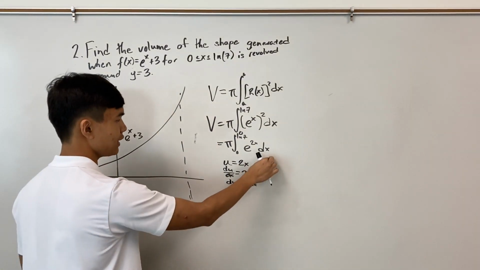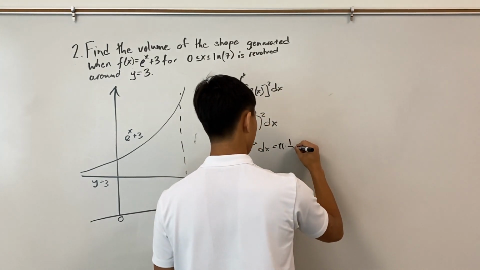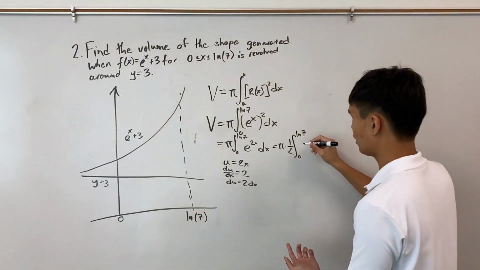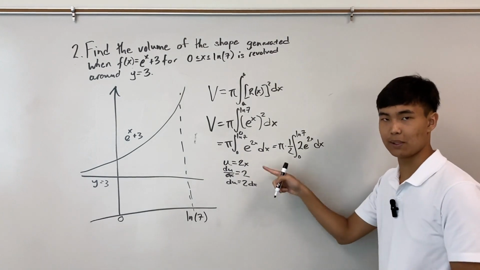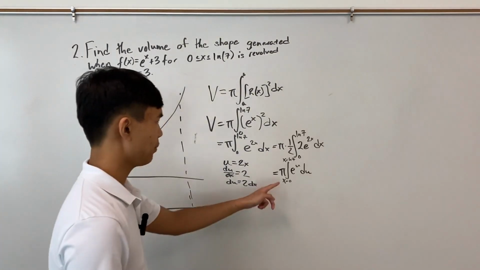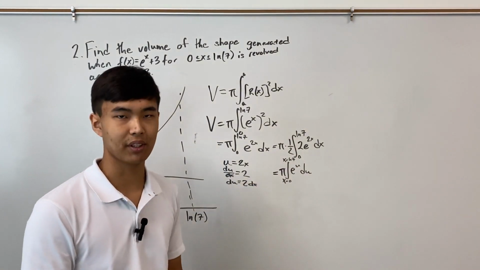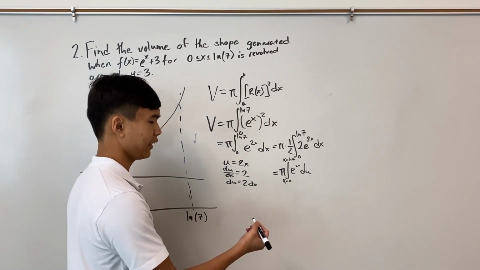To get 2 dx here, I'm going to multiply by 1/2 on the outside of the integral and multiply by 2 on the inside of the integral. And so now when I make these substitutions, I get pi times 1/2 the integral from x equals 0 to x equals ln 7 of e to the u du. And now it's just a matter of evaluating the integral.